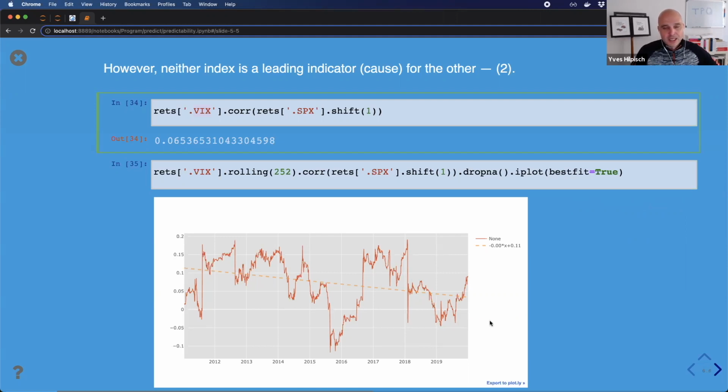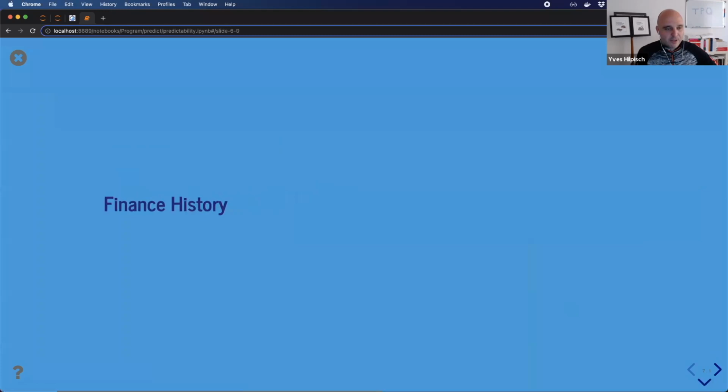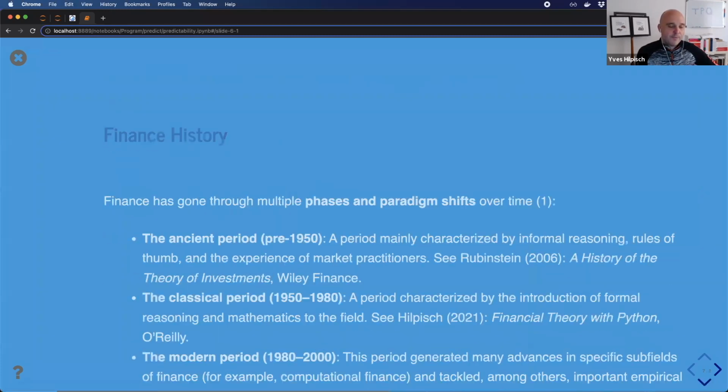So a strong negative correlation, and it is stable over time, but in terms of causation, so using one as a leading indicator for the other simply does not really work. So we have a big difference here. Correlation might be nice to observe and to know about, but it hardly ever serves as a good indicator.